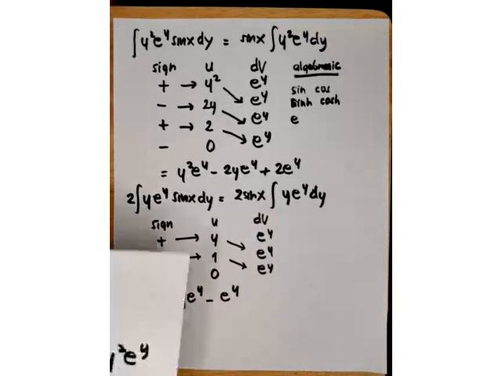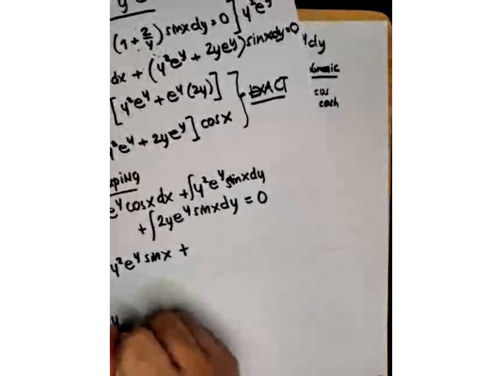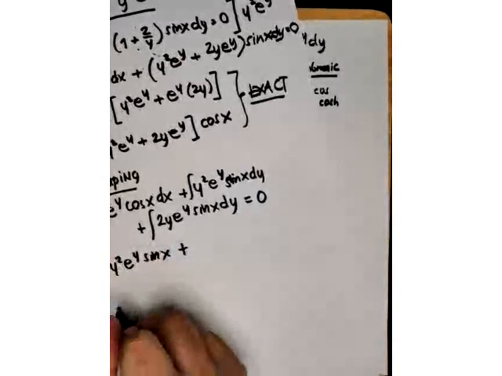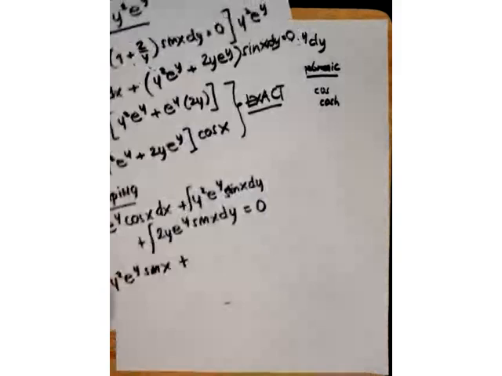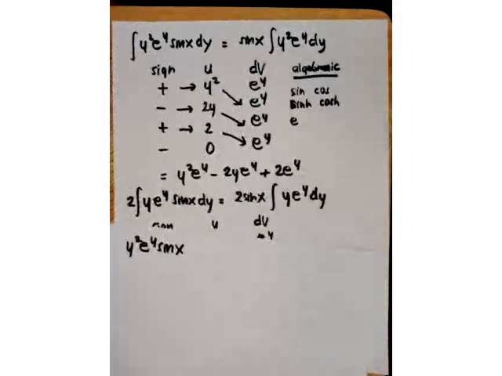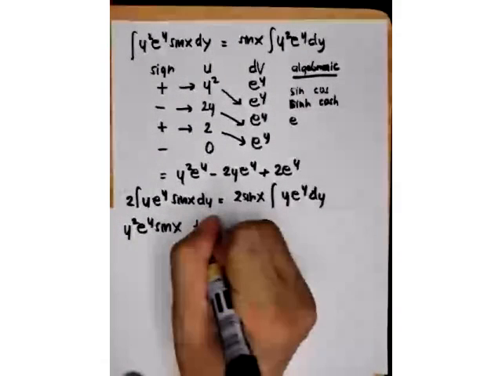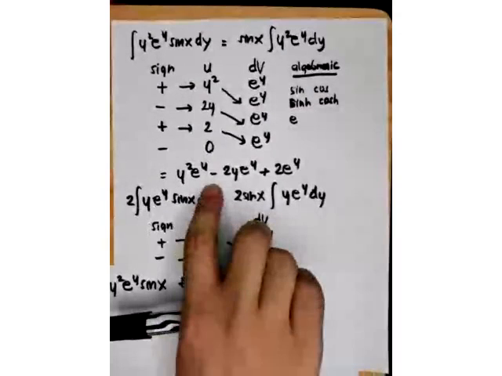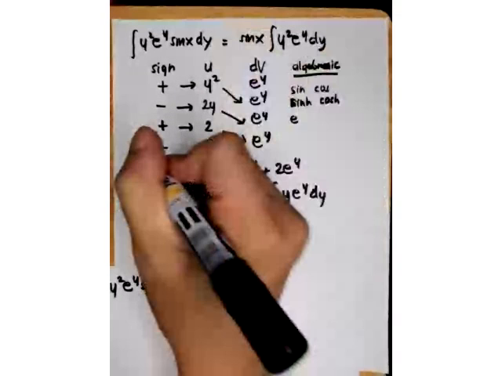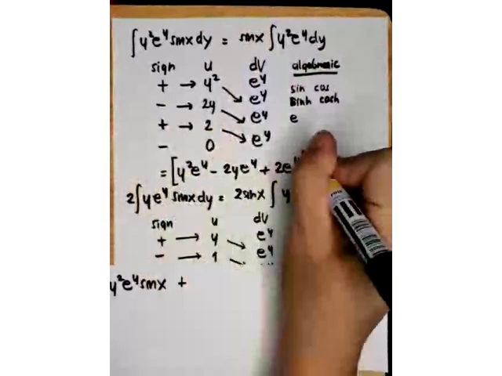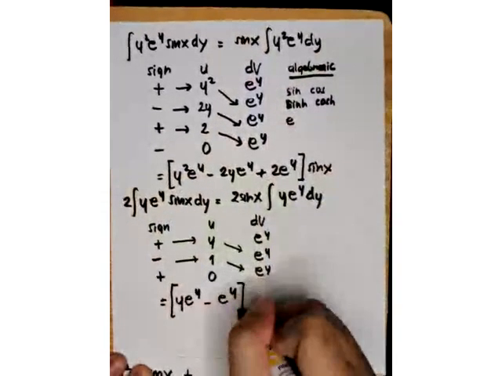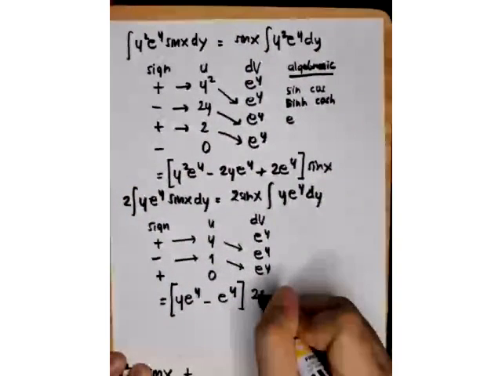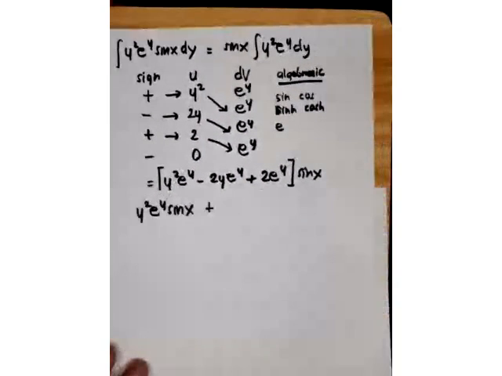Okay, so let's write the integral now. Kukunin ko yung dito, so that's y squared e raised to y sine x. Plus, multiply ko ng sine x. Nakalimutan ko, multiply pa rin natin ito ng sine x, and this one, multiply natin siya ng 2 sine x. Let's distribute that one.